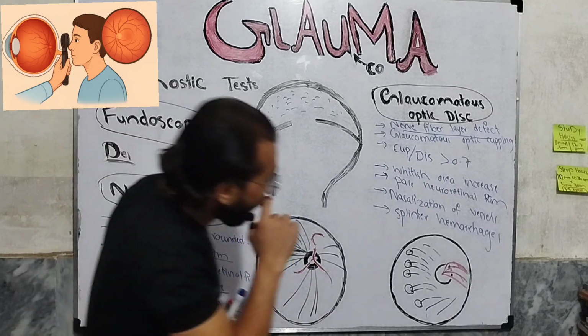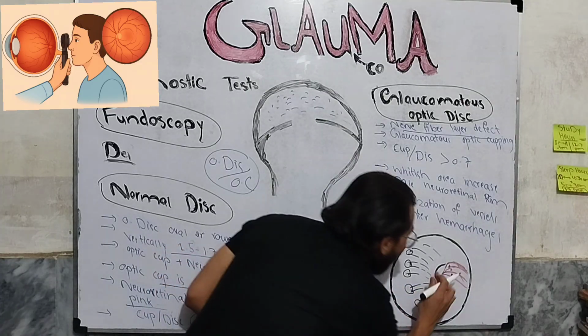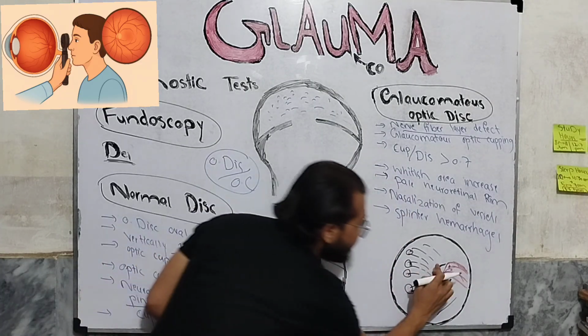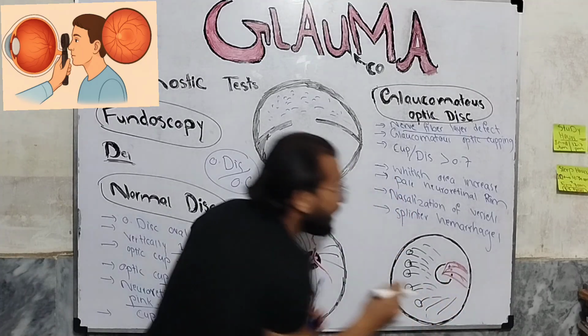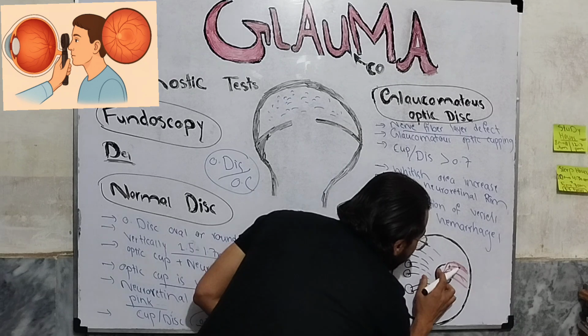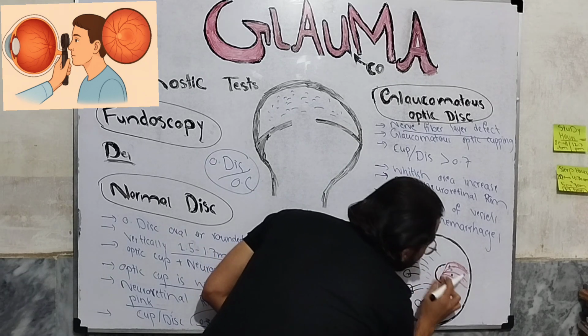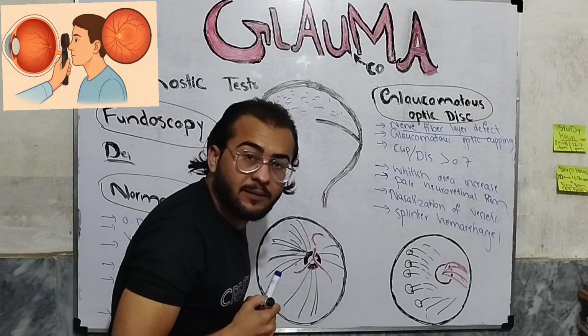So when there is a defect of this layer, what will happen? The neuroretinal rim will degenerate, and it will expand the central optic cup. This is called glaucomatous optic cupping.